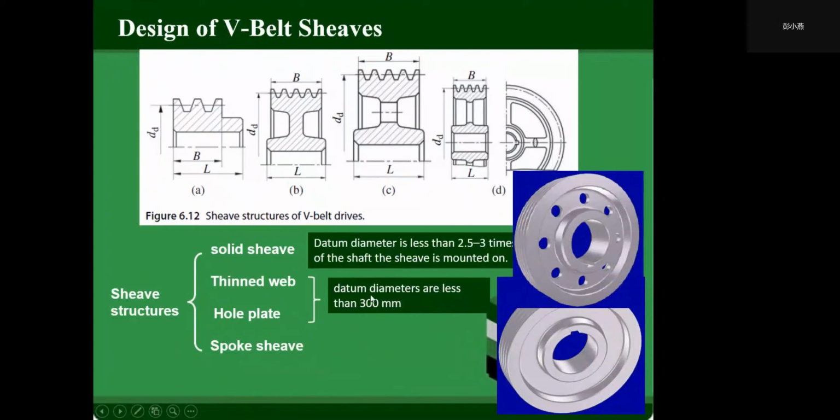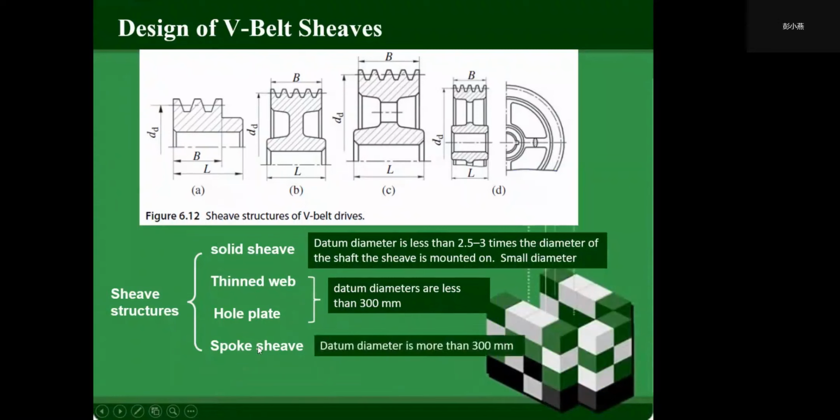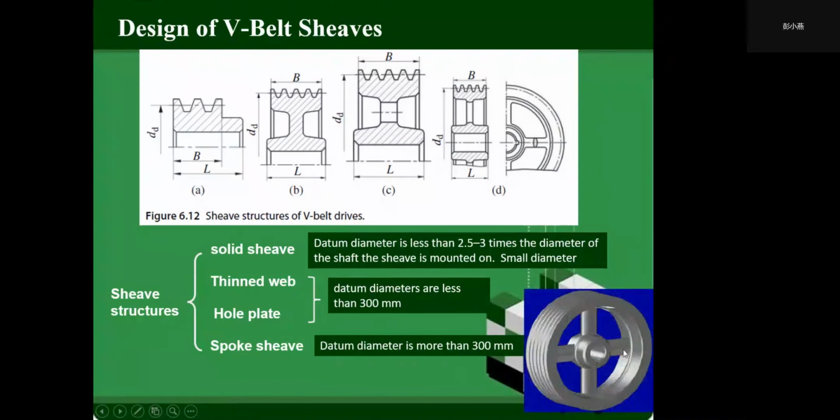If the calculated diameter is less than 300 millimeter, we can choose thin web sieve or whole plate sieve. And for the spoke sieves, the datum diameter is more than 300 millimeter. Like this is the spoke sieve.